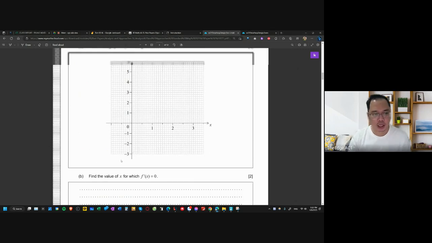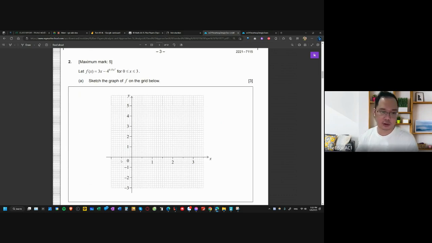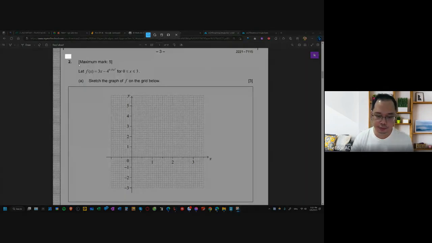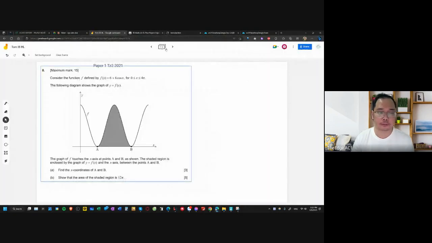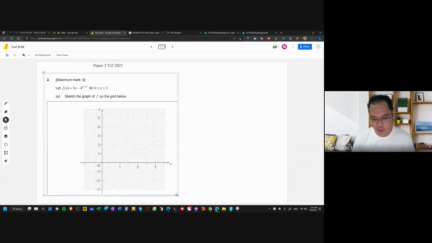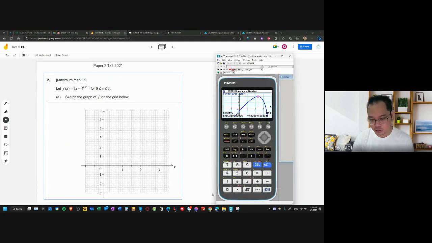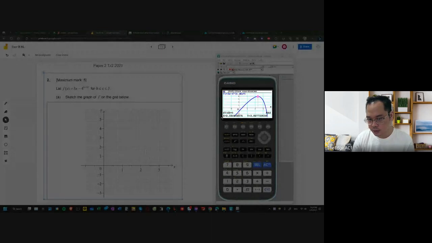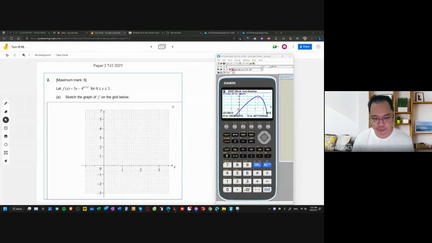If you do the derivative, please write it out. Also, let me write that on the board. This is paper 2. When you sketch the graph, the three most important points again: x-intercept, y-intercept, and local maximum or minimum.